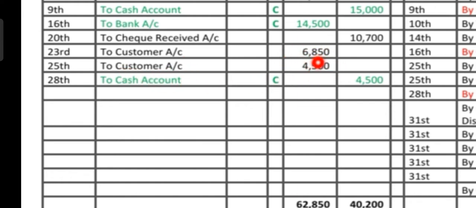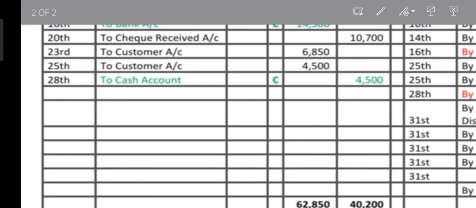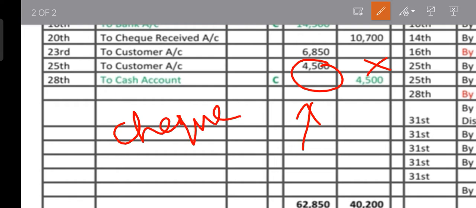In cash column only, because the balance you need to increase. Okay, balance you need to increase, not in the bank column. Keep this particular point in mind. We need to record this in cash column to increase the balance, not in the bank column, even though we are receiving in the form of check. For what date? For 25th.